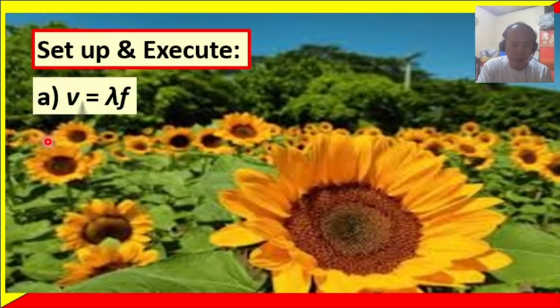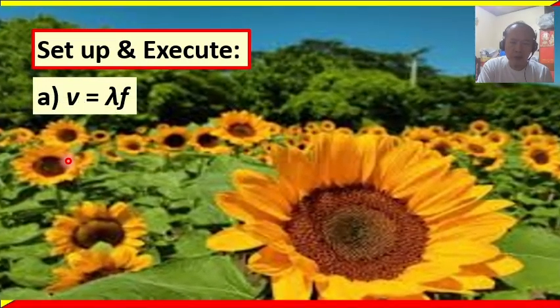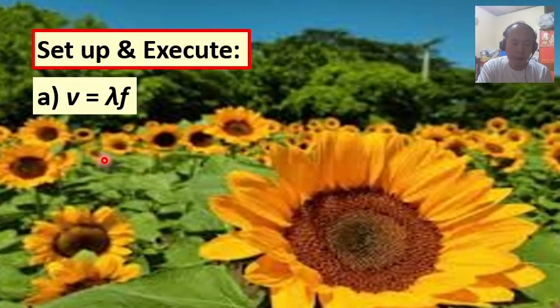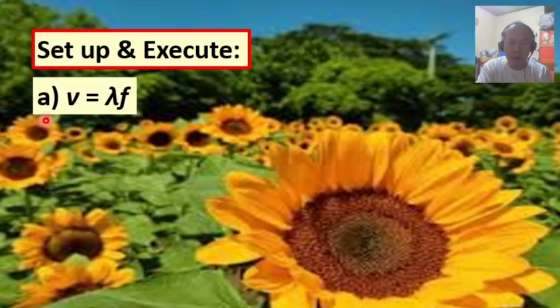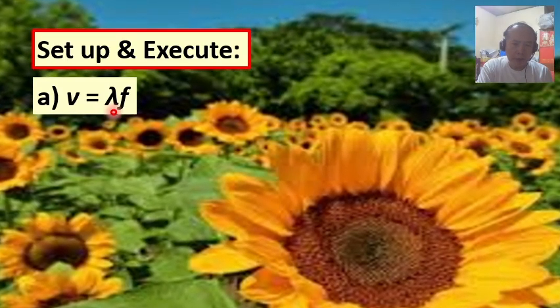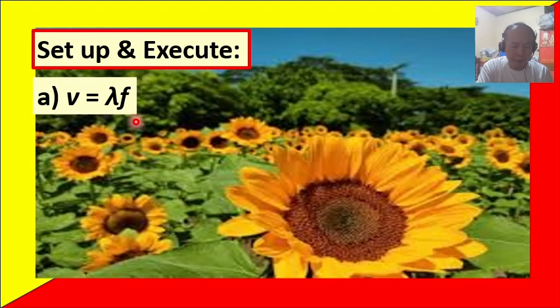Moving on to our computations, in part A, we determine the speed v of the wave, which is simply equal to the wavelength lambda times the frequency f.